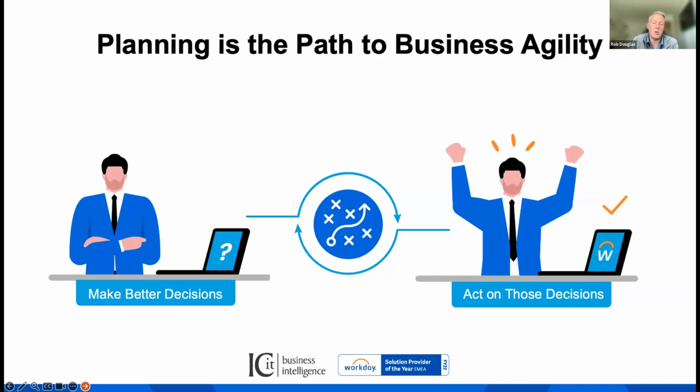We've got some customers that are looking at that. From that information, you compare the plan to the actuals and look at how you're doing, what's performing well, what's not. Make better decisions and then act on those decisions, reallocate resources. Because the budget or forecast you've got is the financial embodiment of your strategy.